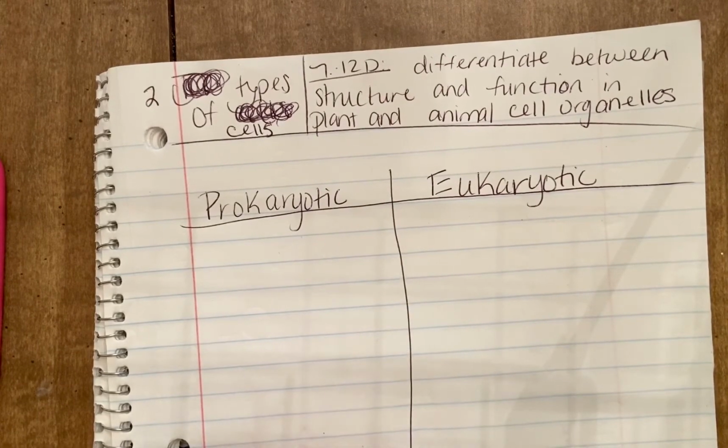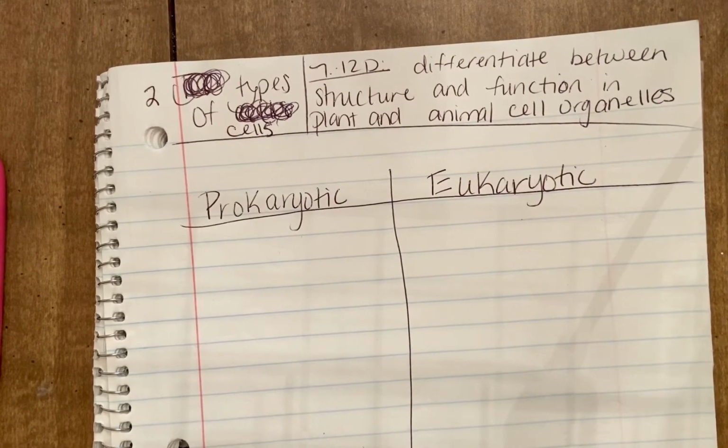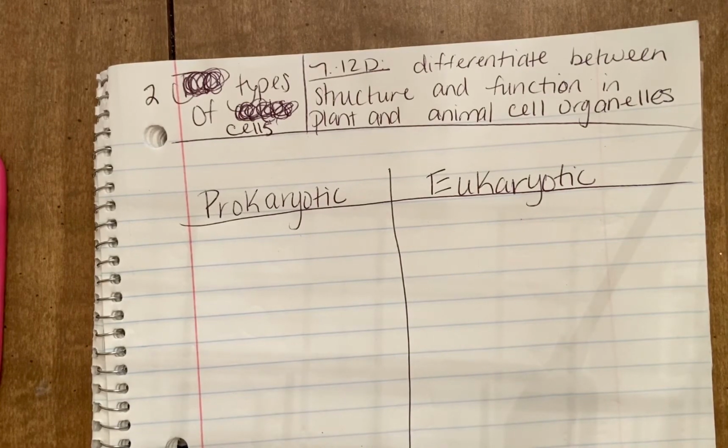So prokaryotic cells, let's talk about that for a second. You should have watched the Neva Sisters video over eukaryotic and prokaryotic cells. When you watched it, you learned that prokaryotic cells are single cell organisms. They are bacteria cells, and they're very simple.